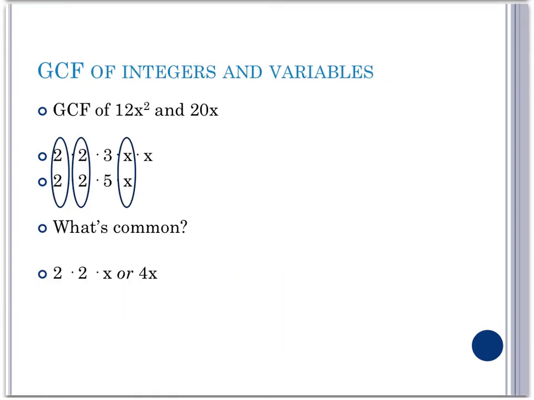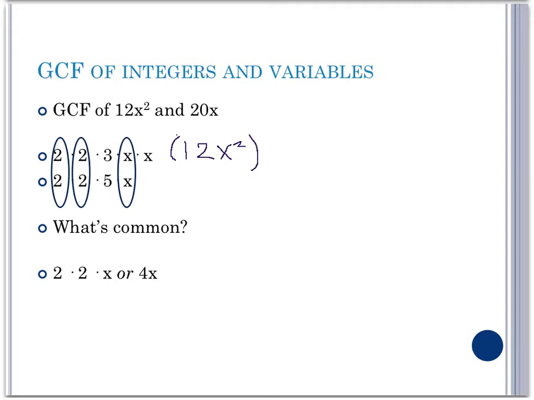We're going to use the same concept of finding the greatest common factor when we have integers and variables. For example, 12x squared and 20x. What is the greatest common factor? Again, I labeled out the factors of 12x squared.